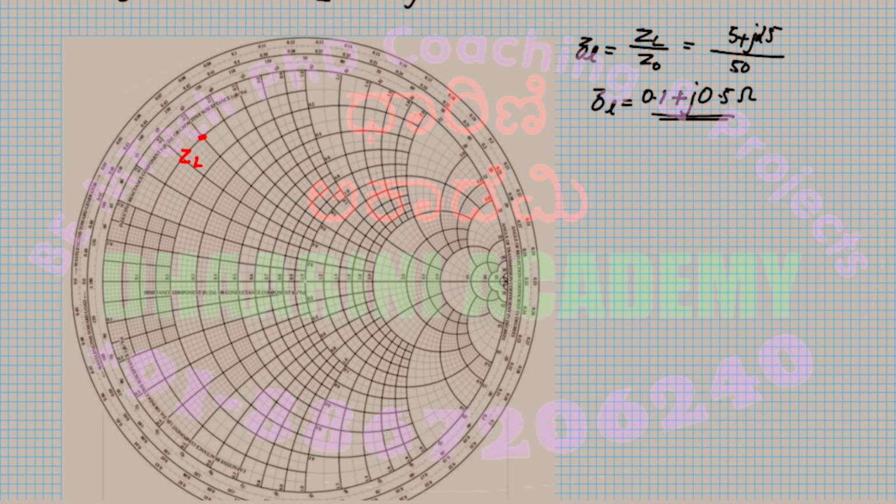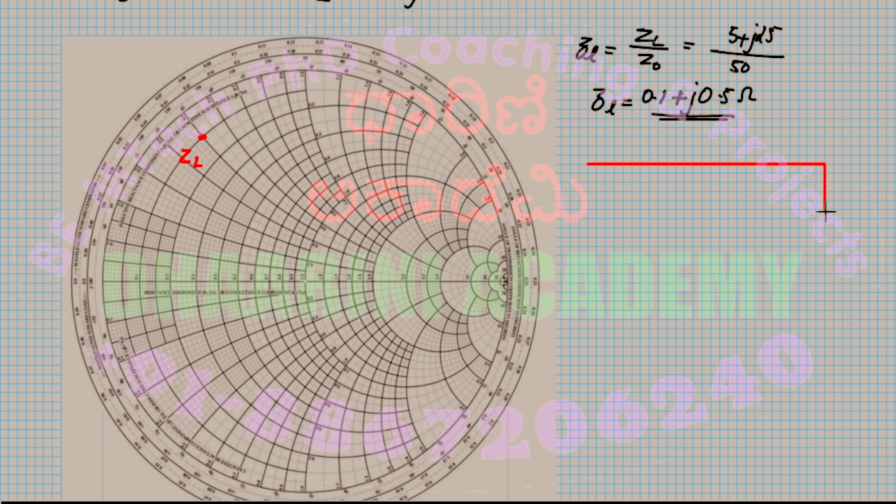Right, so in the first part of the question, I want to find out what is the impedance at L equal to 0.1 lambda? That means this is at the load. At the load, the impedance is given by this. So the question is, what is the impedance at L equal to 0.1 lambda? It means I want to move away from the load. Let's consider the transmission line once.